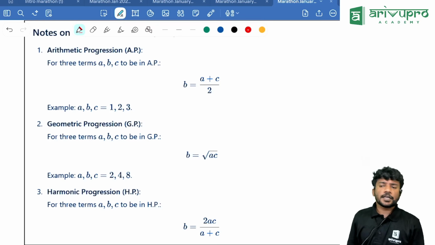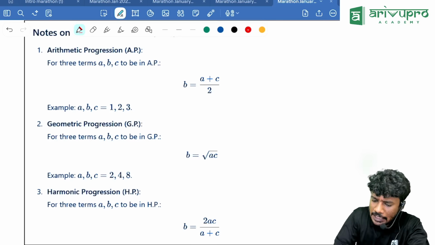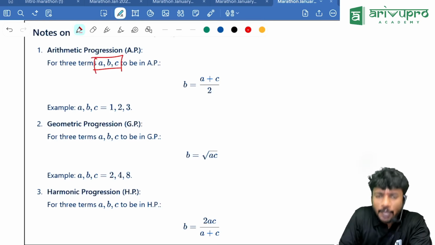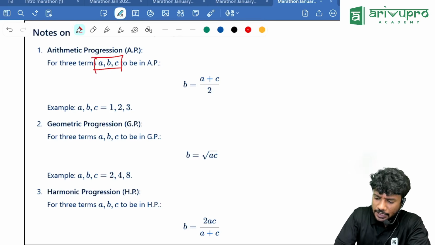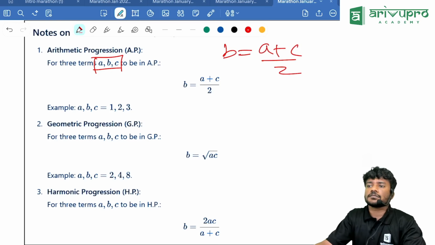What is an arithmetic mean? Arithmetic mean. Average of, yes. So basically, if 3 terms are in AP, the middle term is the average of the other 2 terms.